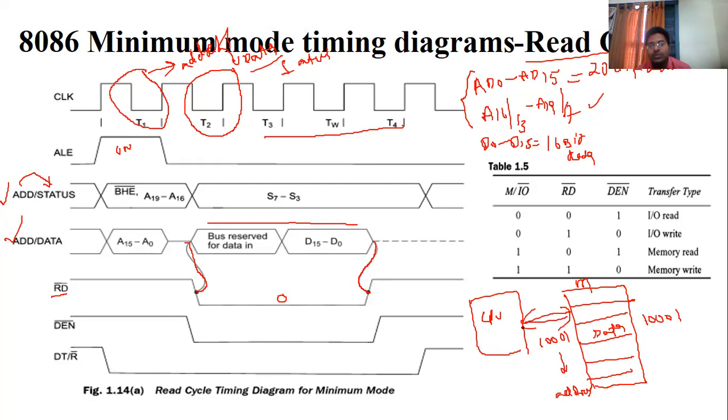Whenever the CPU is at the T1 clock period, the microprocessor identifies this address location on the memory.